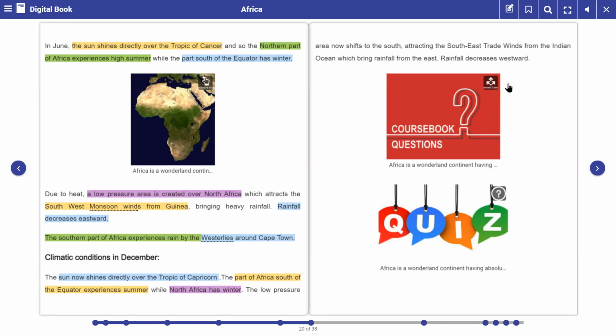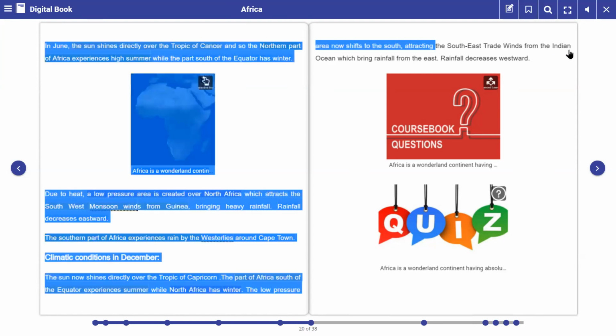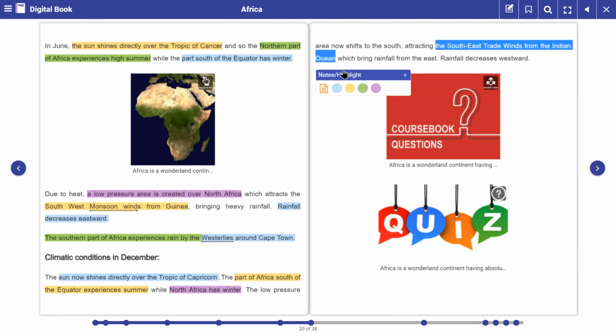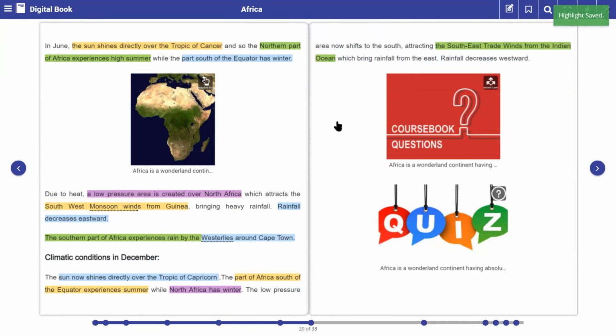So the low pressure area now shifts to the south, and therefore it is attracting the southeast trade winds coming from the Indian Ocean, and therefore it is bringing rainfall in from the east. And rainfall decreases towards the west. So it is exactly the opposite of June. Can you all make out?